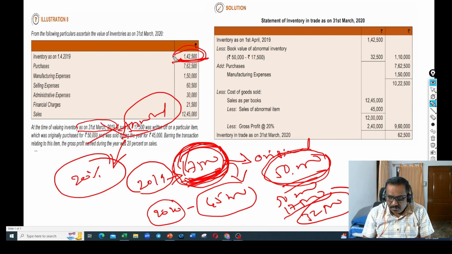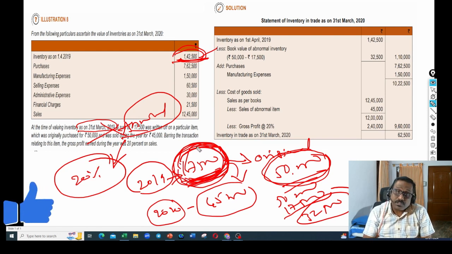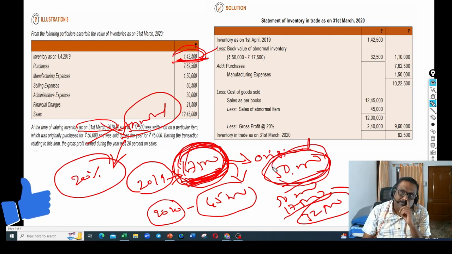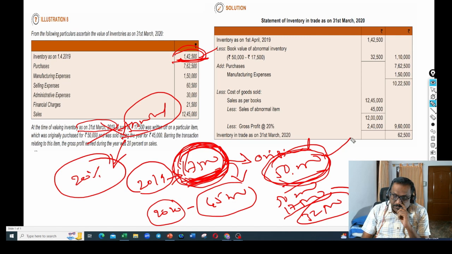Important point. See, this 1,42,500, what we did in 2019, they have written off 17,500. But the original value of that item is 50,000. So this 50,000 worth of inventory is still there in this.